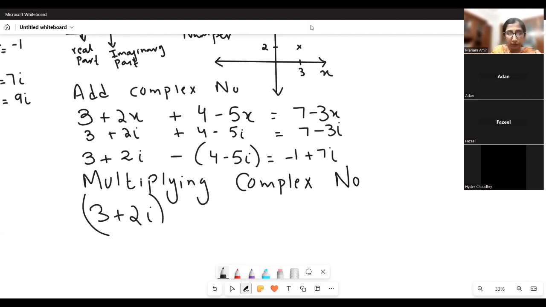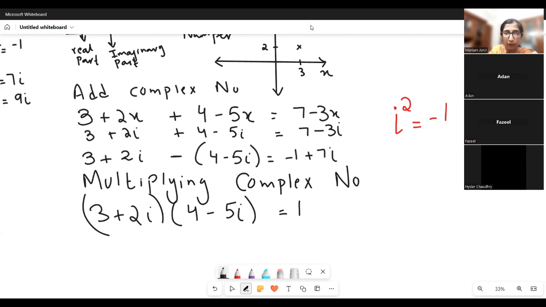With this, we have to multiply 4 minus 5 iota. So this is also like algebraic multiplication. The only thing you need to be careful about is that iota square will be equal to -1. So wherever you get iota square, you replace it with -1. Rest, it's just like algebra.